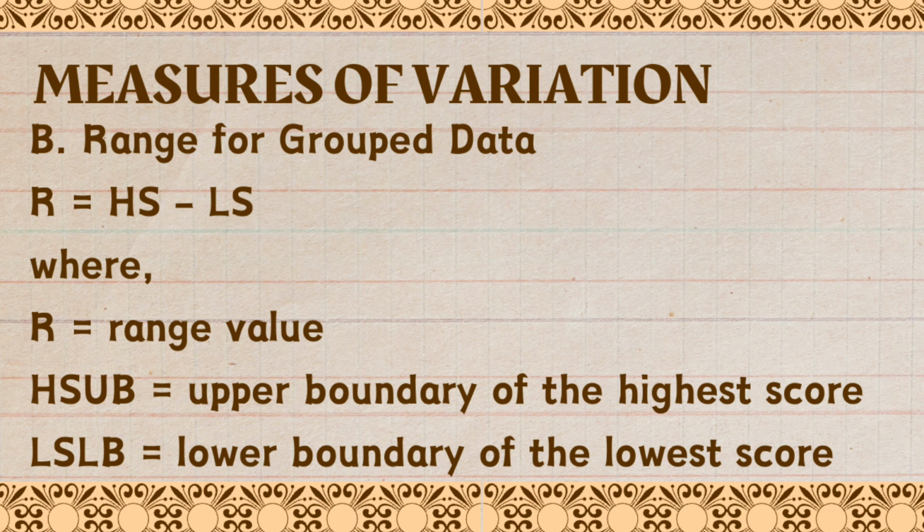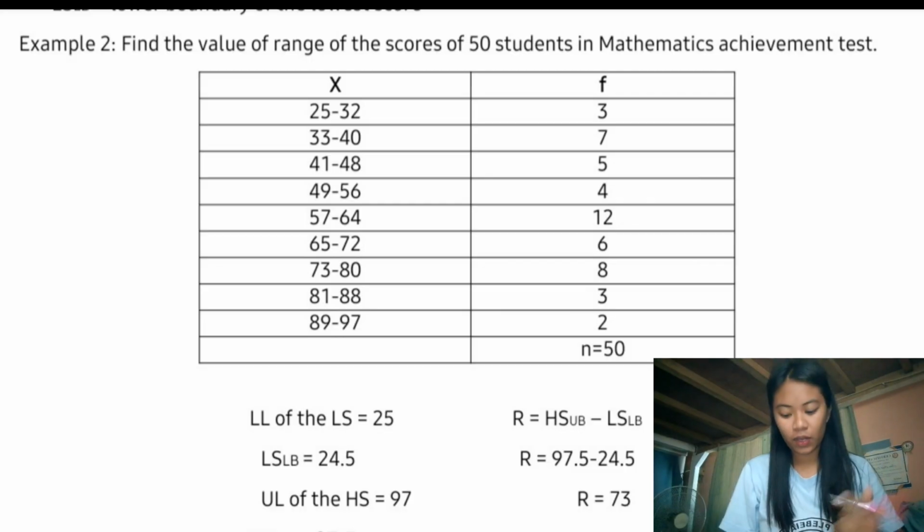Next is the range of grouped data. R is the range value, HSUB is the upper boundary of the highest score, and LSLB is the lower boundary of the lowest score. So R equals HSUB minus LSLB. The LL there is the lower limit, and LS is the lower class.